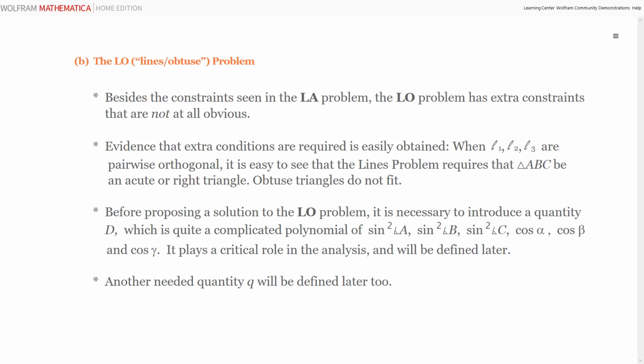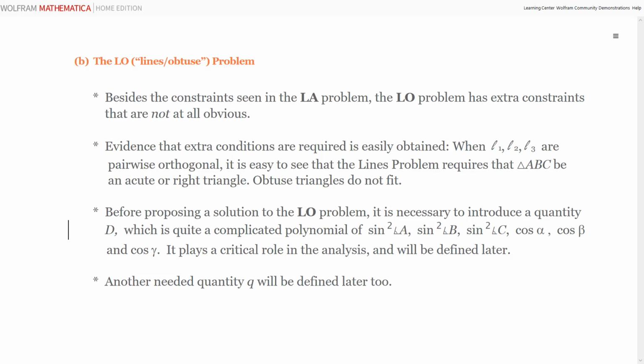Now, if you take a point A on L1, a point B on L2, and a point C on L3, it's readily apparent, I think, that the triangle ABC cannot be obtuse. It must be an acute or right triangle. So because it cannot be obtuse, we're going to get a condition here on the LO problem besides the ones we've already discussed.